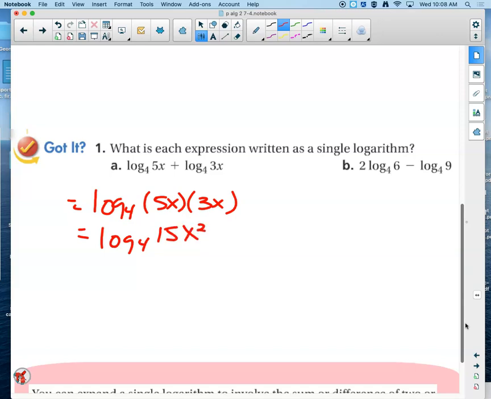Now here's the only thing I'd check for. Is there anything I can do with that? It's got a variable, so done. Can't do anything with that piece. All right, let's look at B. First thing to check for. Looking good? Both fours? Okay. Any numbers in the front to get rid of?